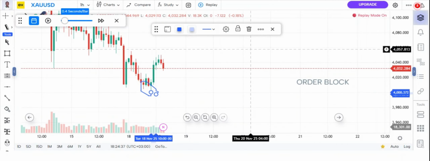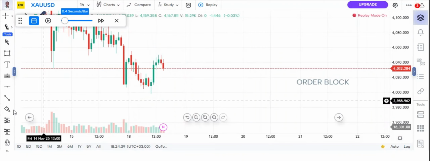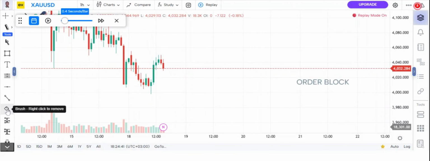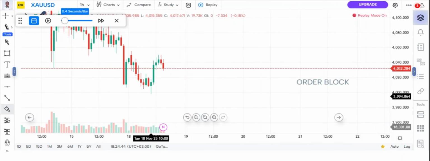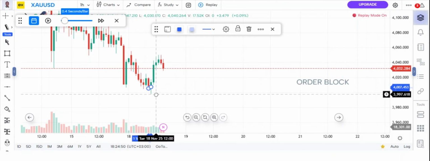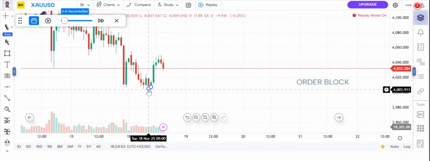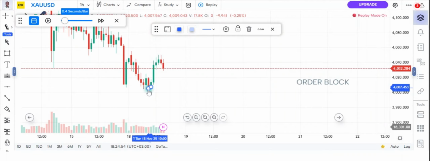After finding that, we want to confirm whether it is valid. The wick of the previous candlestick to the lowest candlestick must at least touch here. It should not at any time cross, because if it does, it's no longer valid.